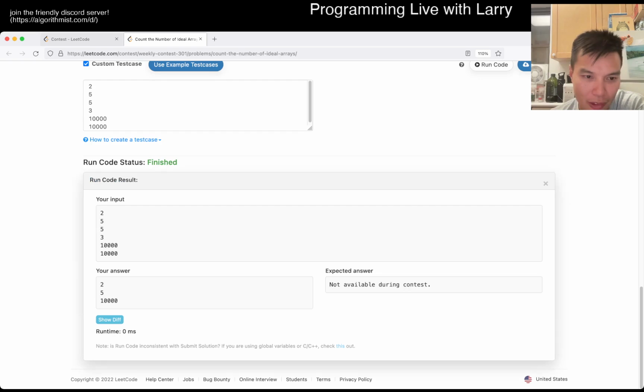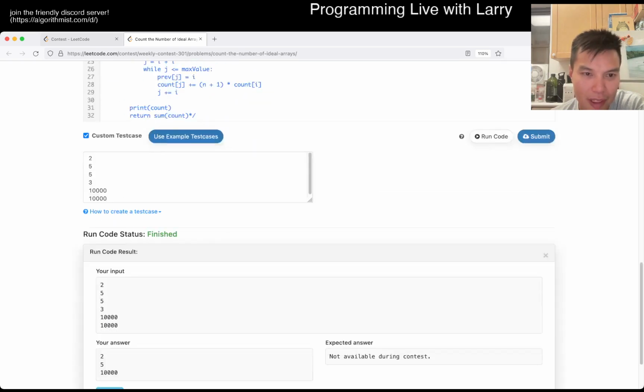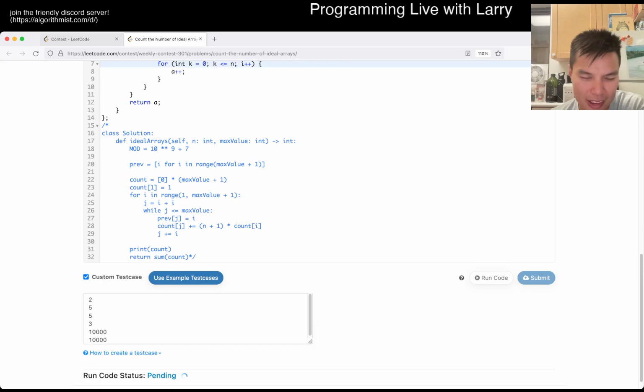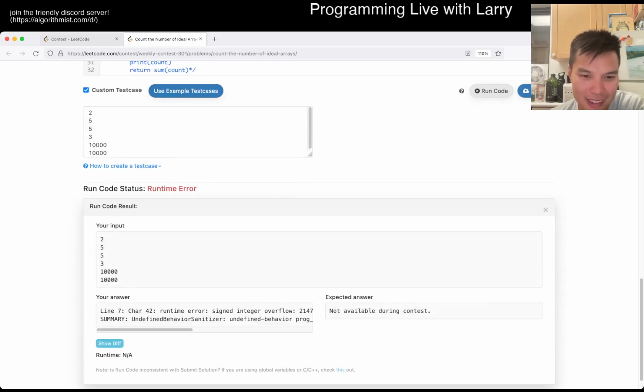Was that the secret all along? No, this isn't right. Oh, whoops, that's why this is so fast. This is 10,000 times faster than expected.